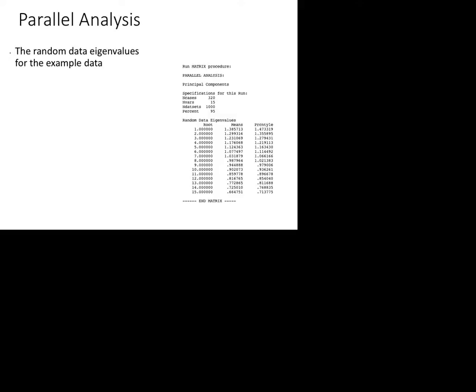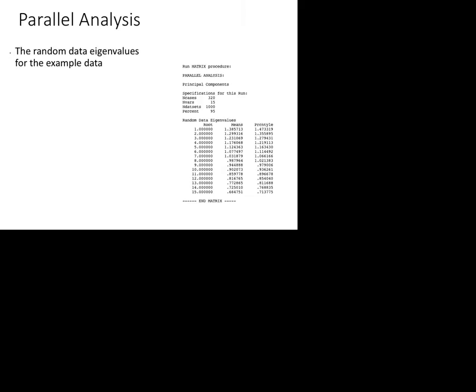It was 3.004. So we have confidence that our data is greater than you'd expect to get by chance, because that random data is just chance data. So for the first component, we have some confidence because ours is 3 and the junk data had 1.47. We feel good about that.